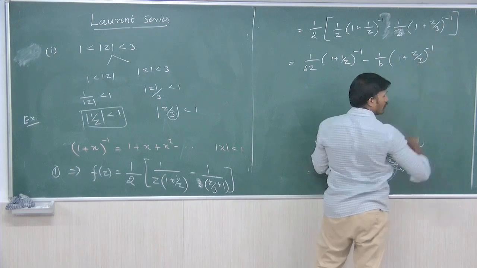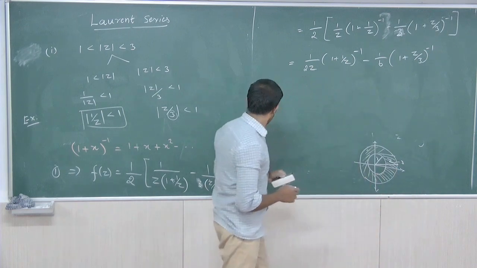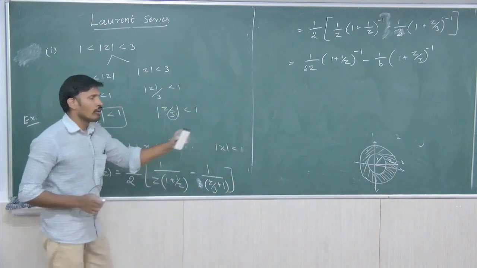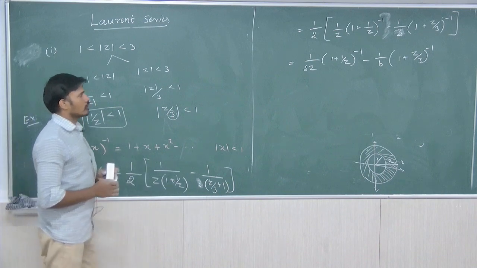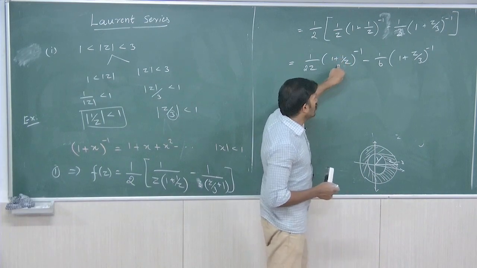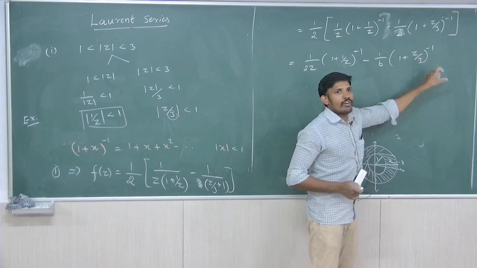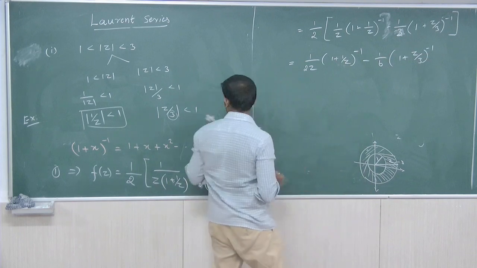Now I am going to apply this binomial expansion because modulus 1 by z is less than 1 and modulus z by 3 is less than 1. So now I am going to apply that expansion.